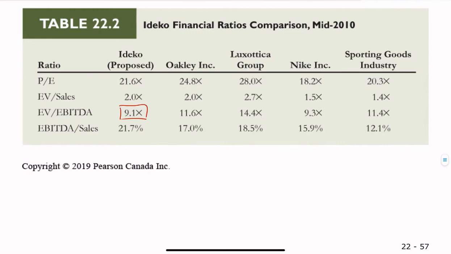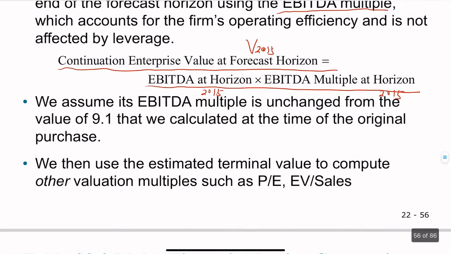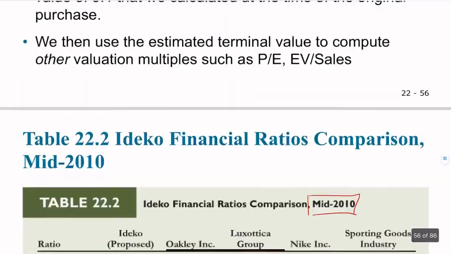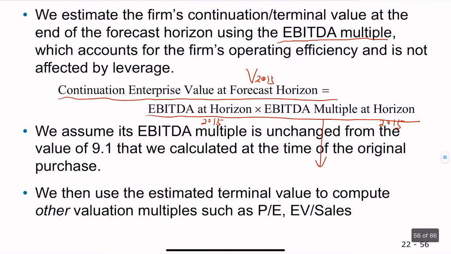So this is a number in 2010, and now you would assume the firm will have the same EBITDA multiple after 5 years. So you assume EBITDA multiple in 2015 would be the same, 9.1. Now, how do you get EBITDA at 2015?